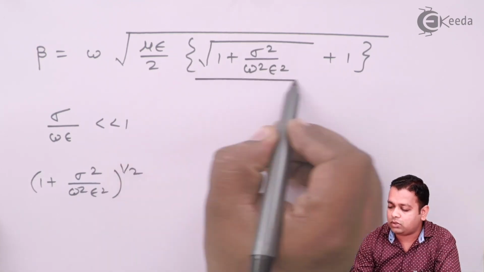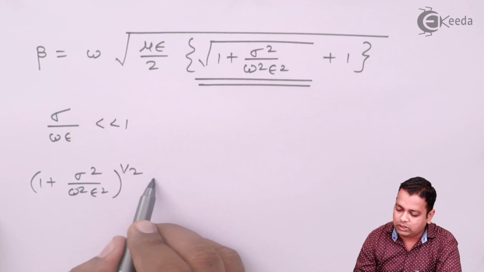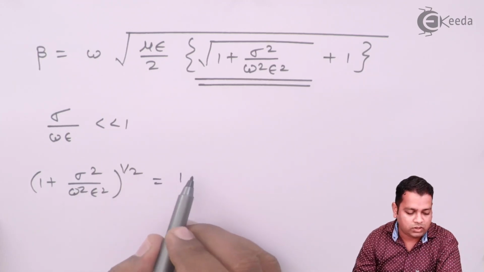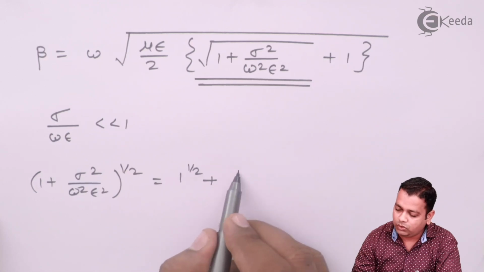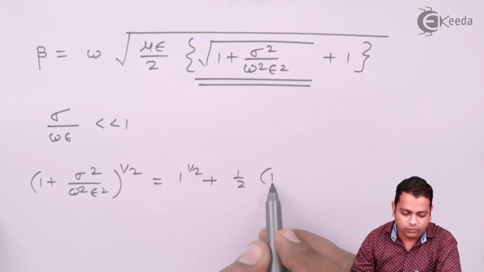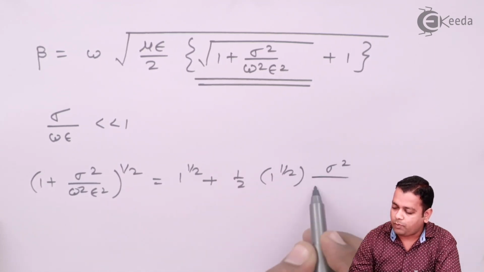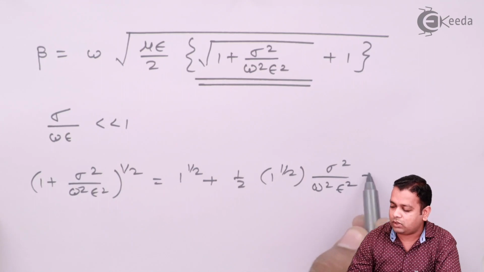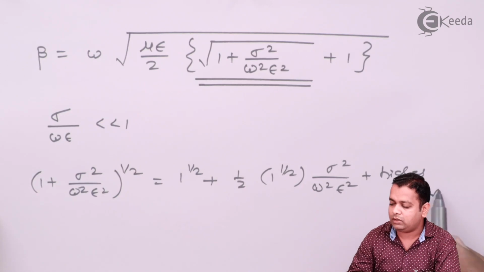So this under root term, the first term from this curly bracket, we represent by binomial expansion: 1 to the power 1 by 2 plus 1 by 2 into 1 to the power 1 by 2 sigma square upon omega square epsilon square, plus the higher order terms.